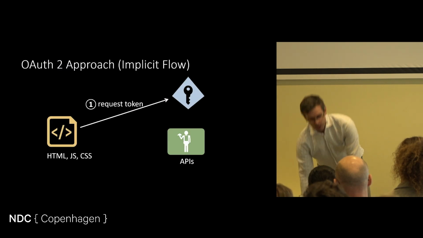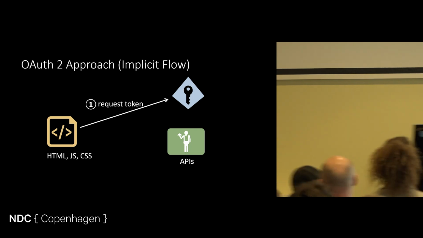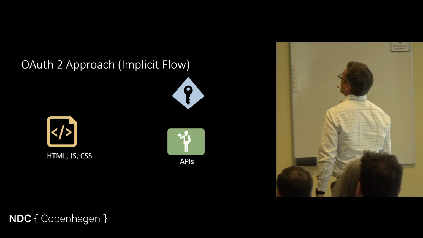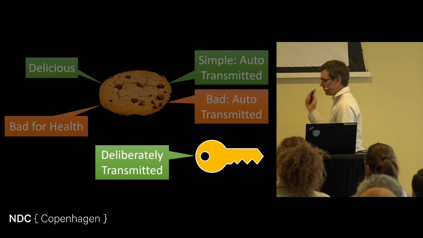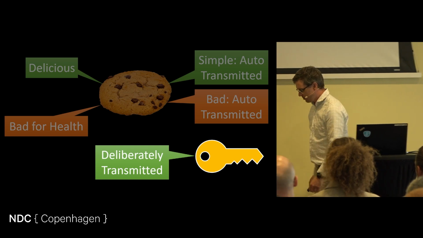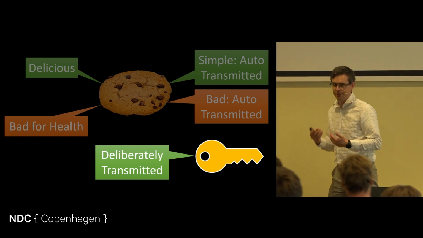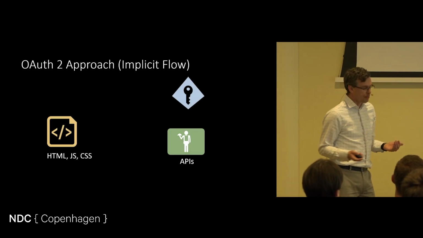Generating a CSRF token, or even switching to tokens altogether. So is this tokens? We can say so. Yeah, deliberately transmitted tokens. And when we had to create a token, why not use that for authentication all the way? And then the OAuth2 implicit flow was born.